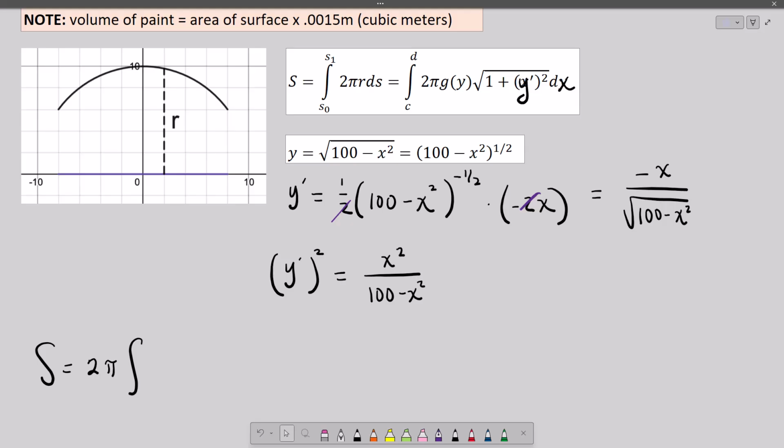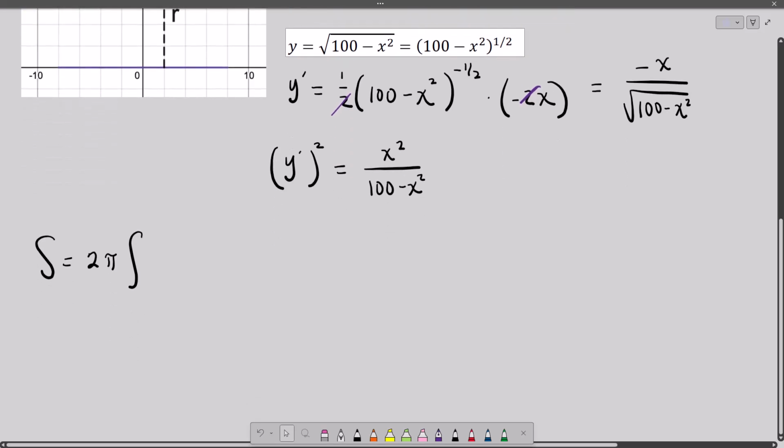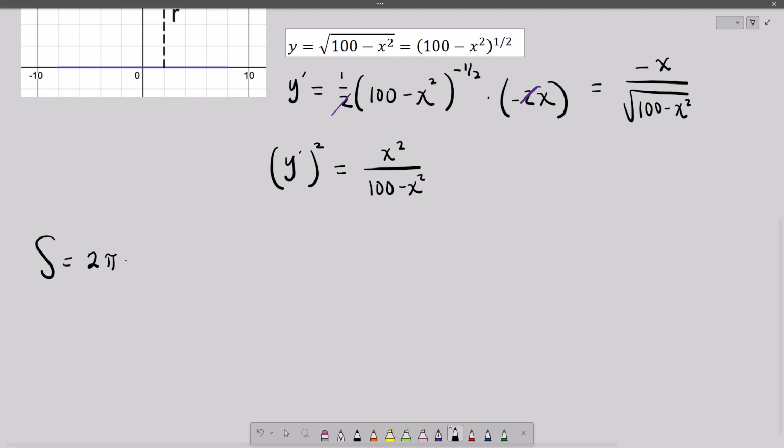All right? Symmetry would work here. So let's do that. I'm going to move that integral over, put another 2 here, and then we're going to go just 0 to 8. And so this 2 is by symmetry. Whenever we can have a limit of integration that's 0, that tends to help us.